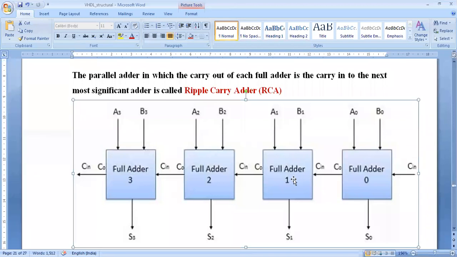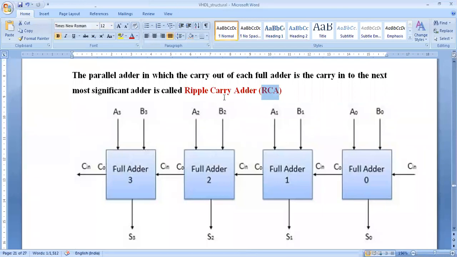Similarly, the second full adder's carry out is connected as the carry into the next full adder circuit, and so on. So the carry out of one full adder circuit is connected to the carry in of the other circuit. That's why this parallel adder is called a ripple carry adder, RCA, in short form.